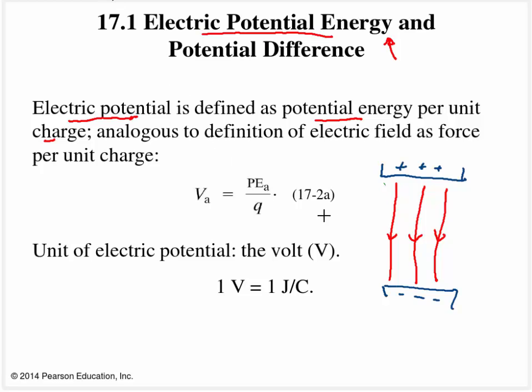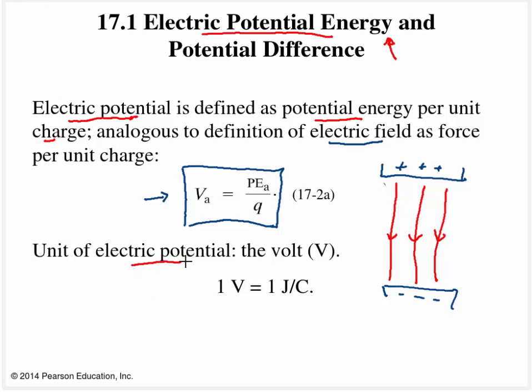Still, I know that if I put a charge there, it's going to have some potential energy associated with it. This is very similar to when I define the electric field as taking the force and pulling out the charge. So this potential is just the potential energy divided by the charge. So what it says is, suppose I know what the potential is and I stick some charge in there, I'm going to know how much energy it will have.